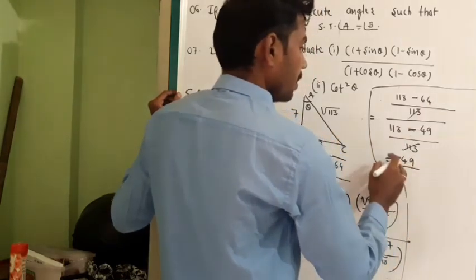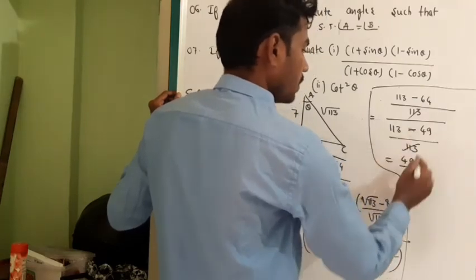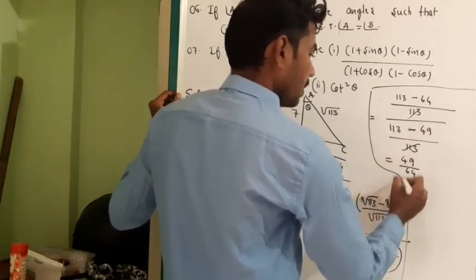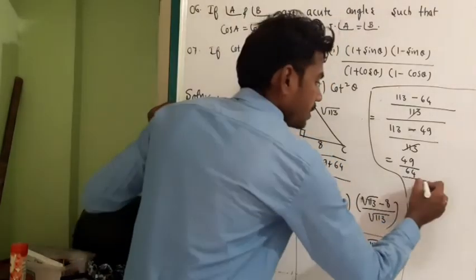Divided by 64. 49 divided by 64 is the answer for this.